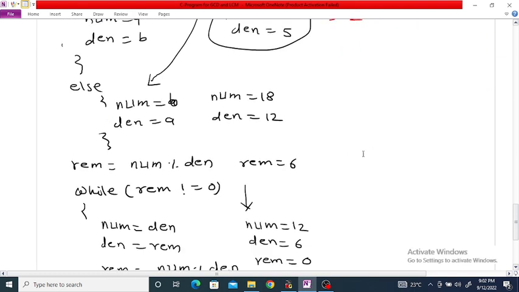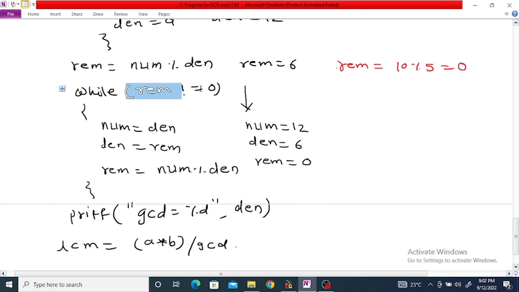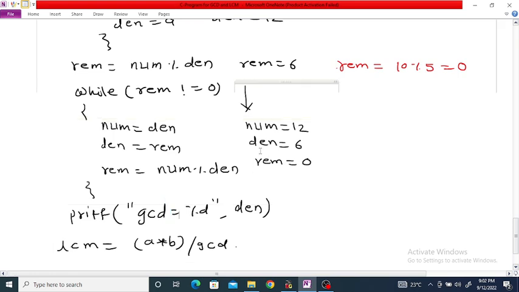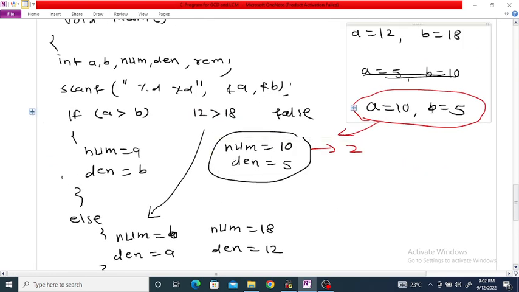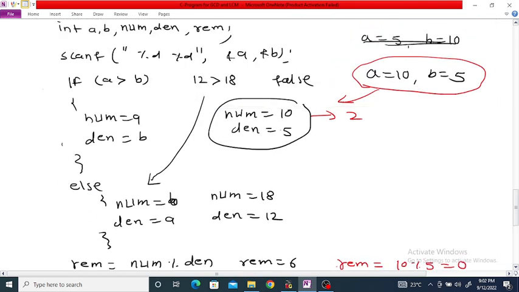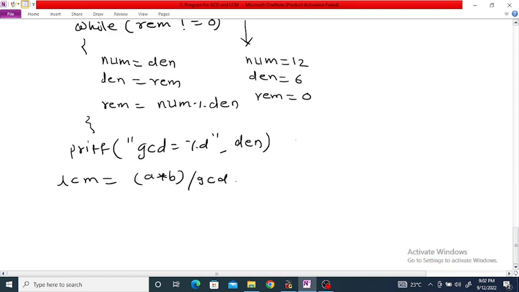If we find the remainder, it is 10 modulo 5, which is equal to 0. Now it cannot enter the while loop because this condition is false. So it directly prints GCD is equal to denominator, which is 5.